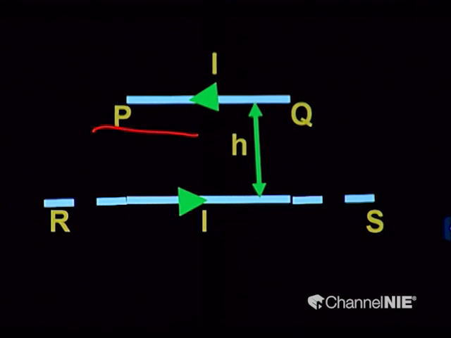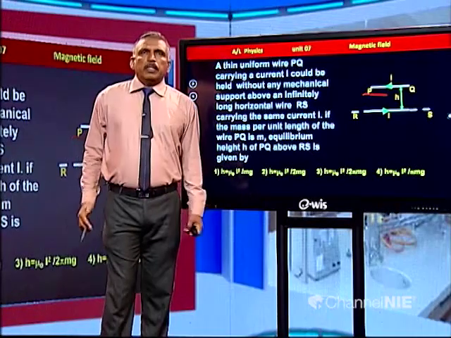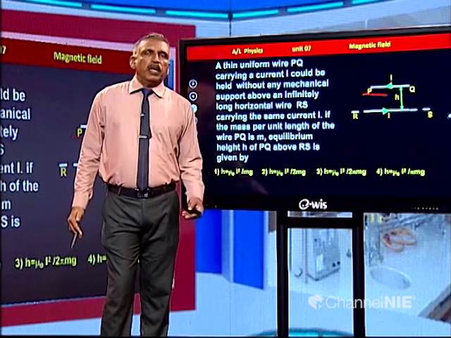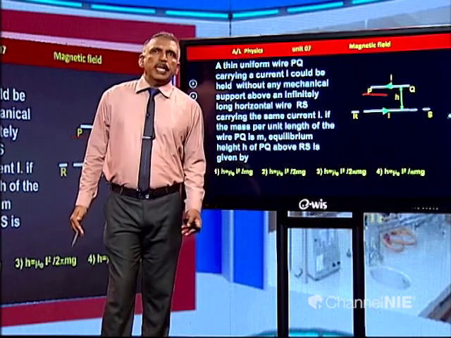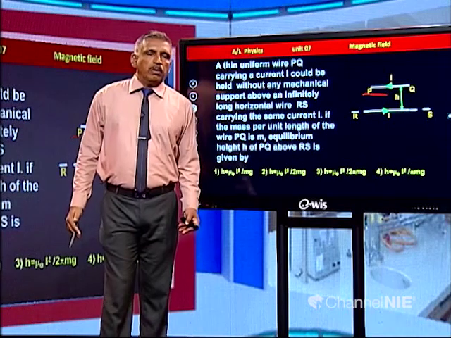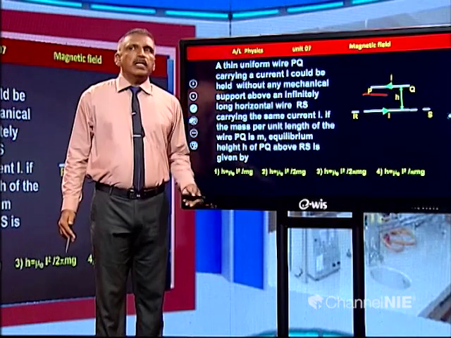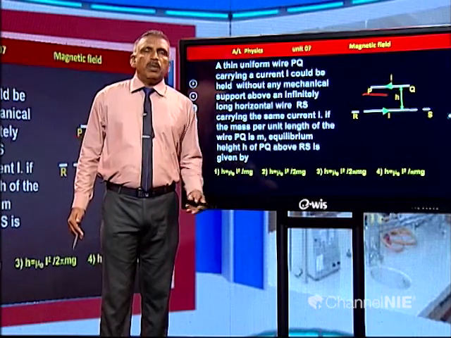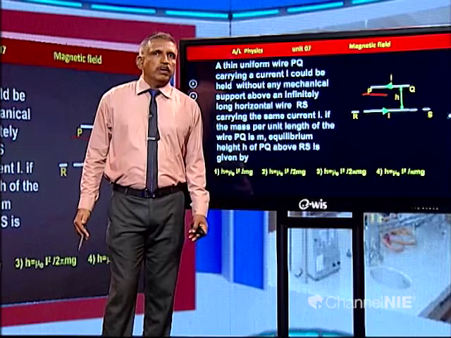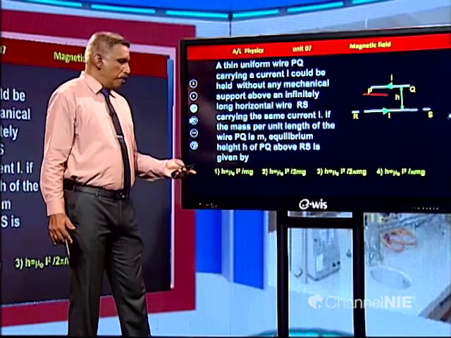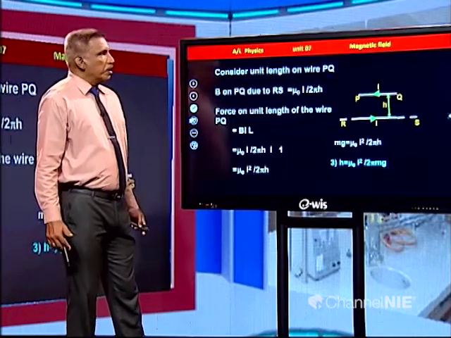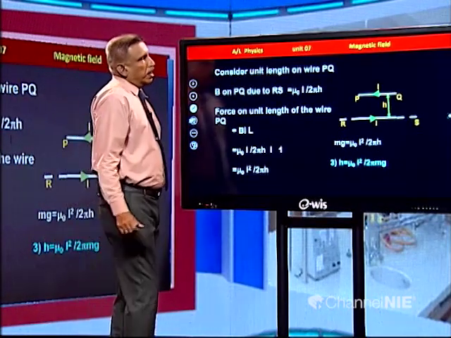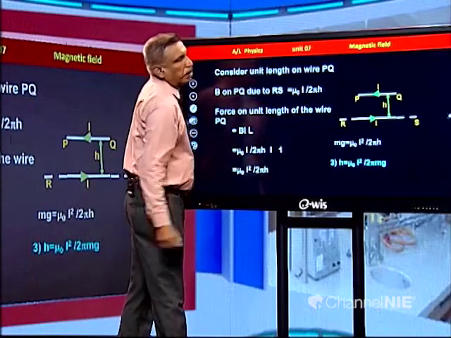So, you know that there is a weight on PQ that will always act in the downward direction. So, another force must come to balance this weight of PQ. Otherwise, we can't hold it without mechanical support. Therefore, now we go to this part. Now we consider a unit length of PQ.